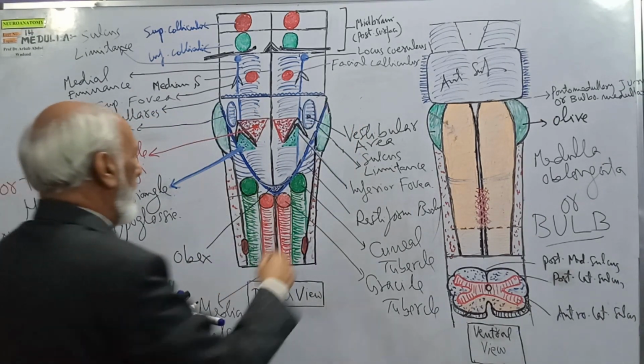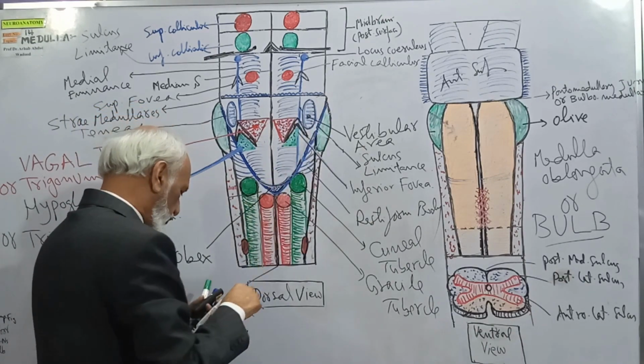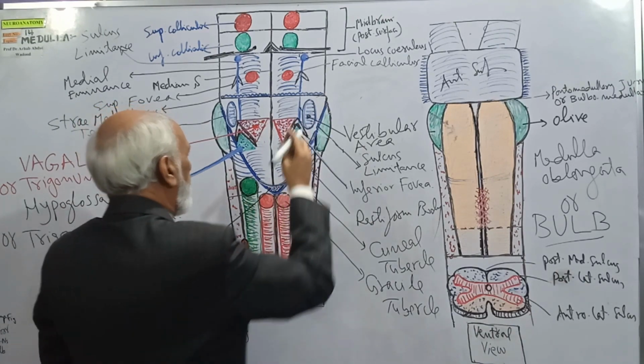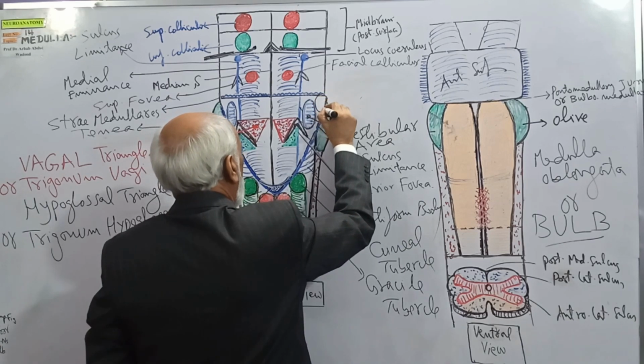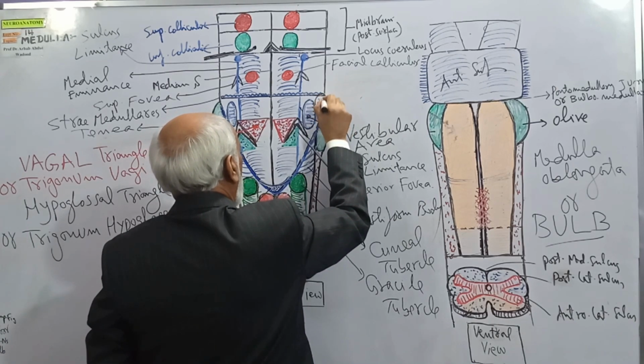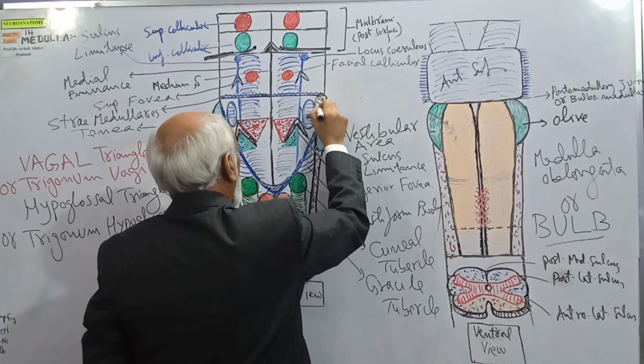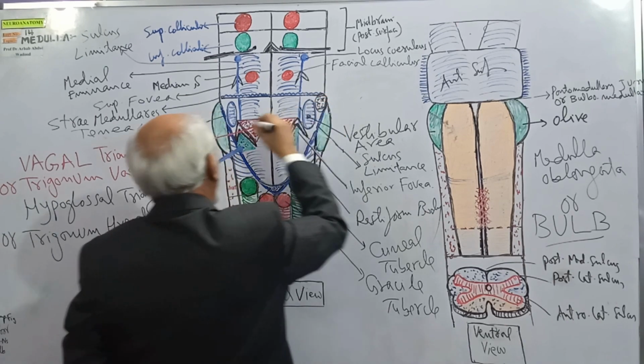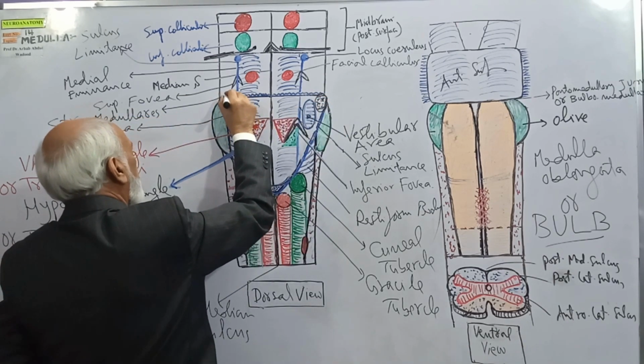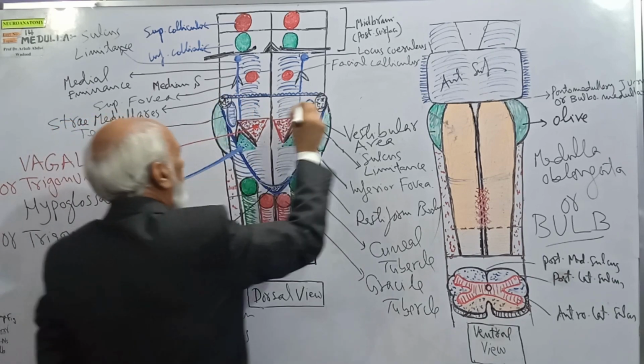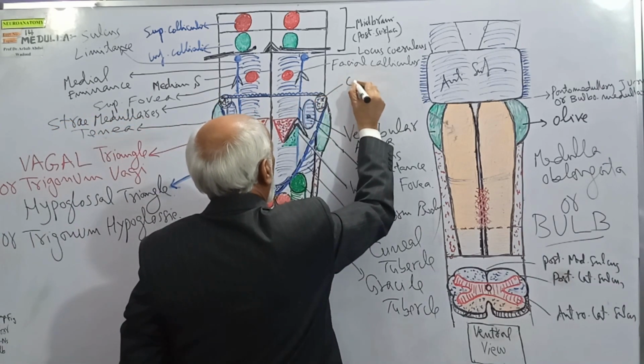And still superolateral to the vestibular area, there is another area which is slightly elevated on each side. This is the cochlear area.